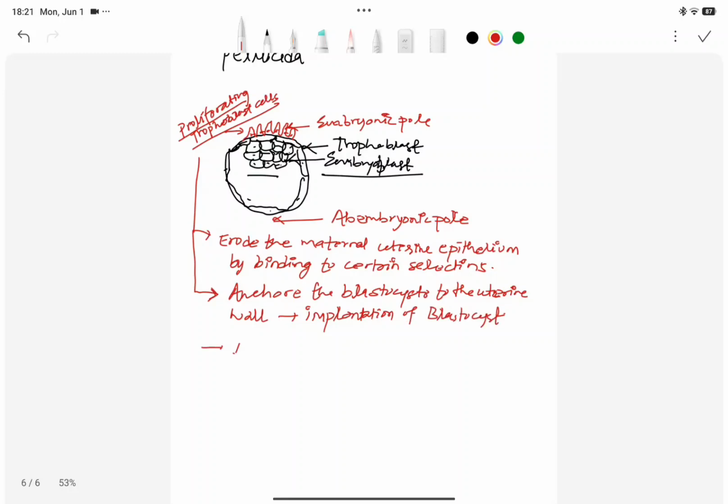So implantation of the blastocyst occurs at the 6th day after fertilization.